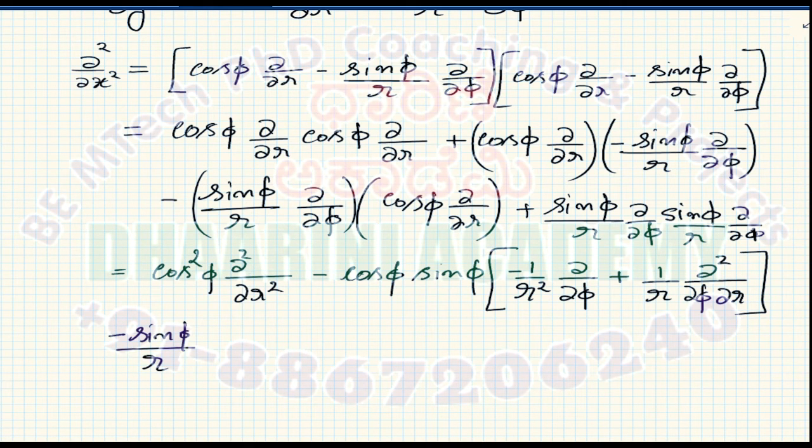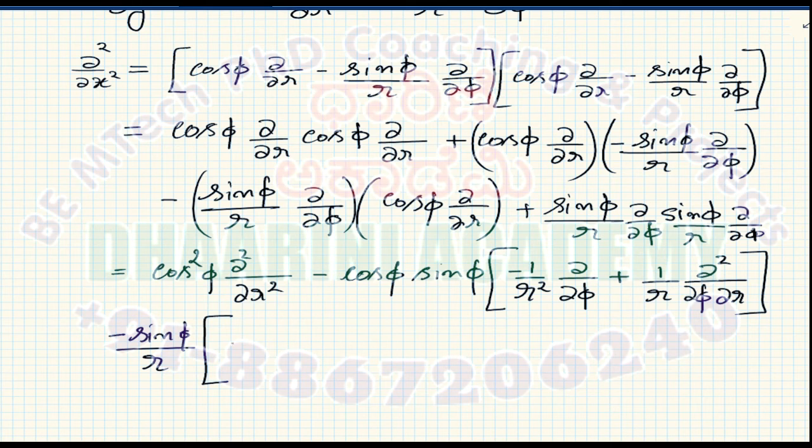Apply this operator onto this. Again, it's the u into v rule. Now I write a bracket. Let's apply the differentiation. Dou by dou phi I apply to cos phi, second term I keep as it is.